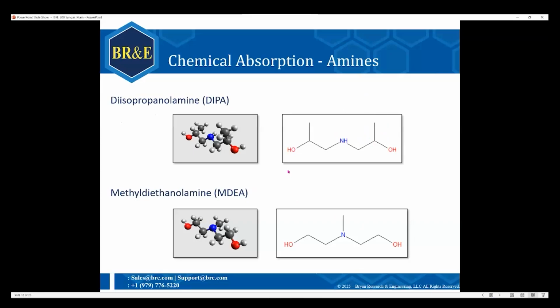So it has three substituents. And each amine has a different structure. So also the behavior of the amine is different in terms of CO2 pickup, corrosion aggressivity, formation of heat stable salts, or vapor pressure, which is important to mitigate the amine losses, as we already mentioned.